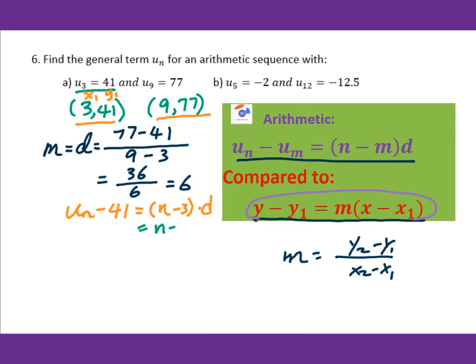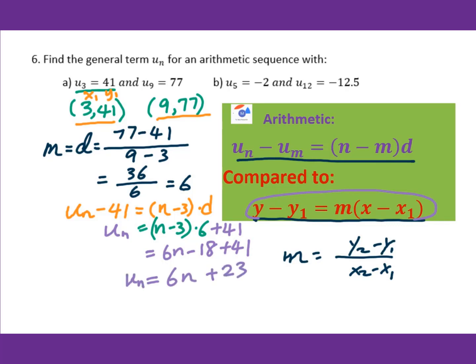So we get n minus 3 times 6. You need to add 41 on the right side. That's u sub n equals 6n minus 18 plus 41. So we got 6n plus 23. That's u sub n.